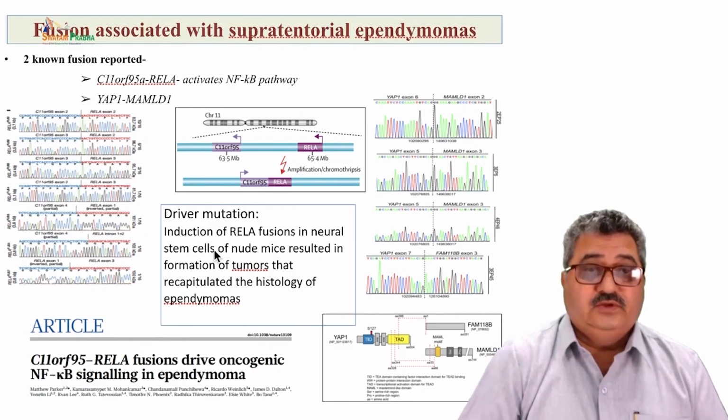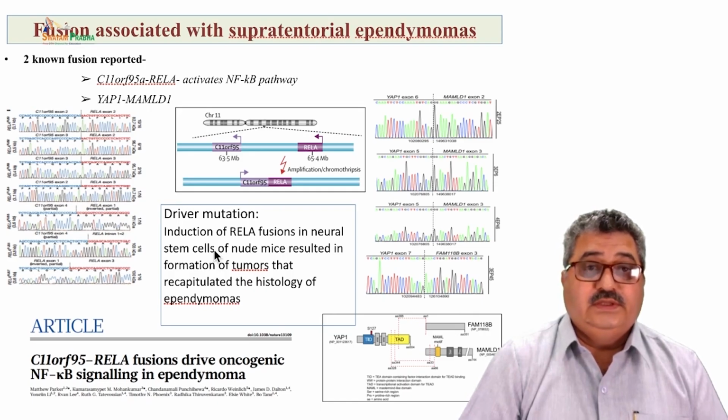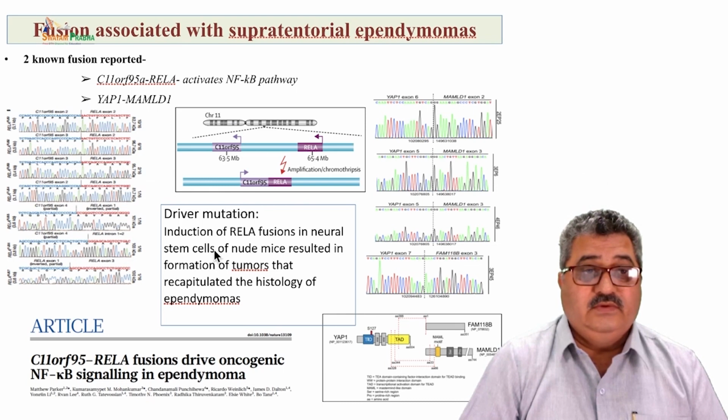Now coming to the supratentorial, one of them is subependymoma. The other most important group is the RELA fusion. At that time, the C11orf95-RELA fusion was described, and this RELA gene activates the NF-kappaB pathway, and it was the oncogenic mutation.